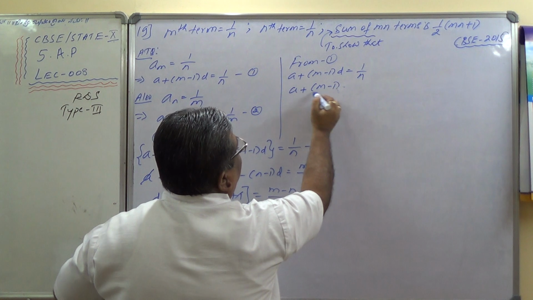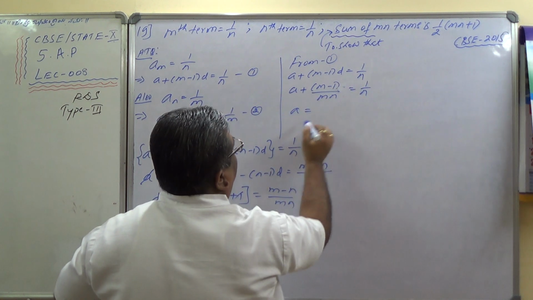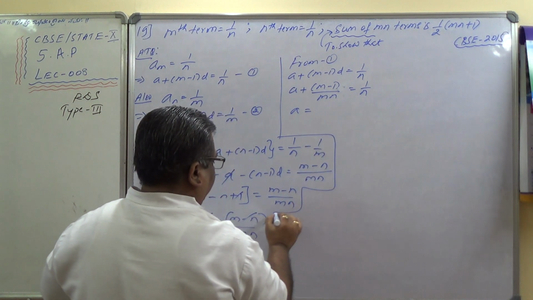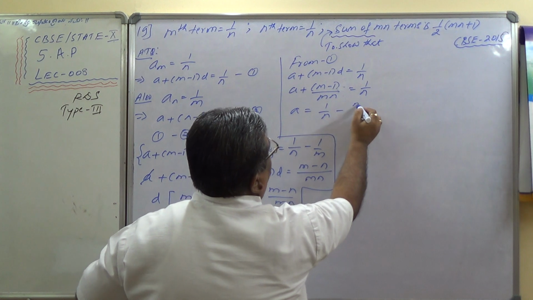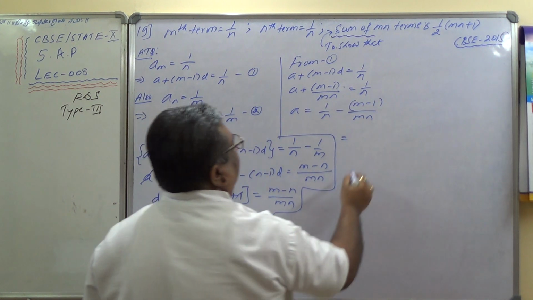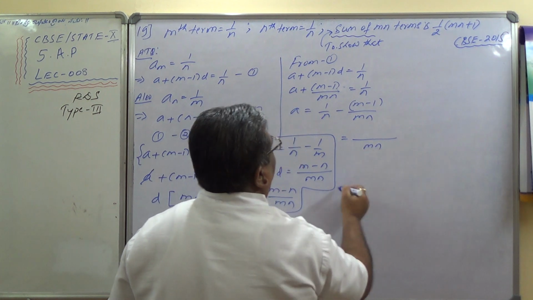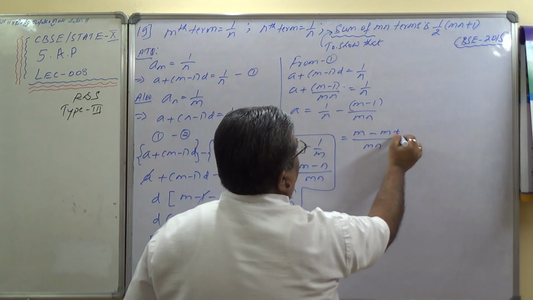D is 1 by mn, which is nothing but mn times 1 by n. So a equals 1 by n minus, which equals, mn is the LCM. Here n cancels, m minus m plus 1.